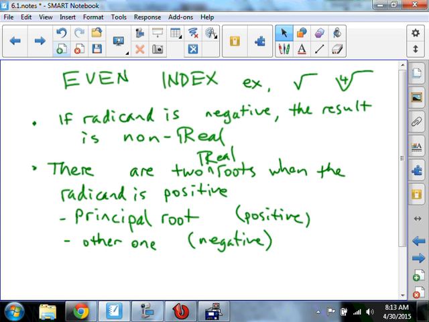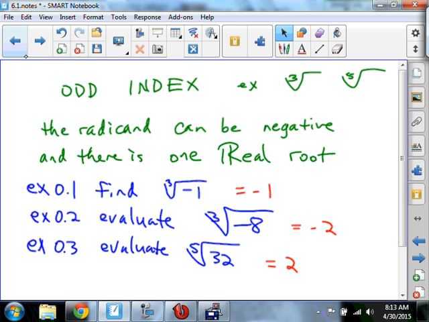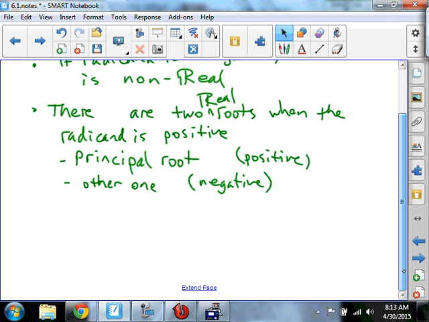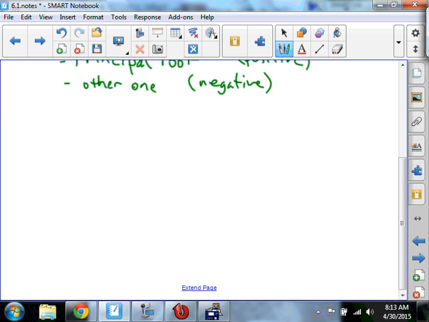So I guess we're going to be on example 0.4 if I'm not mistaken. Example 0.4. Evaluate the fourth root of negative 81. So what's the fourth root of negative 81? Three?